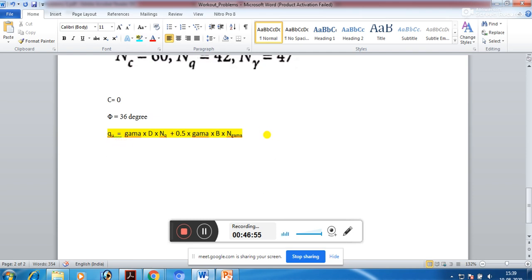It will be nothing but gamma, that is 16.5, multiplied by D, what is D? D is equal to 1.5, multiplied by NQ. NQ is equal to 42.